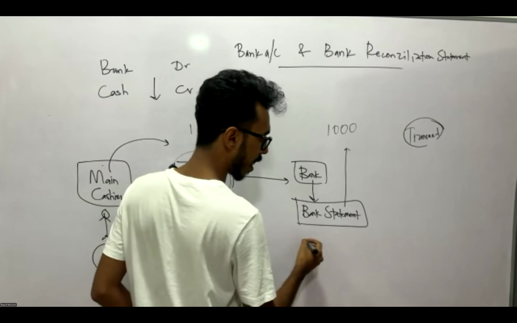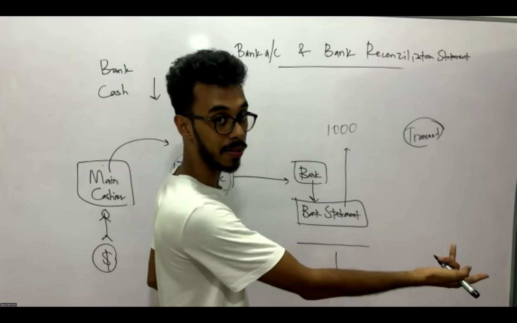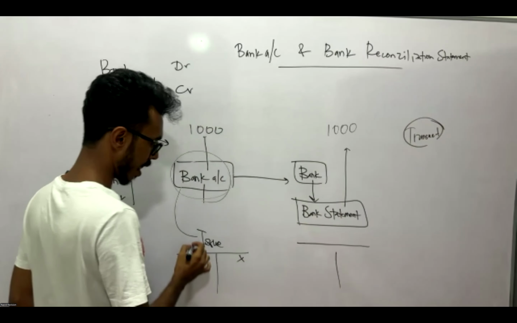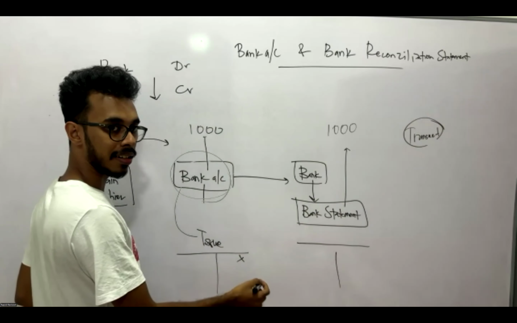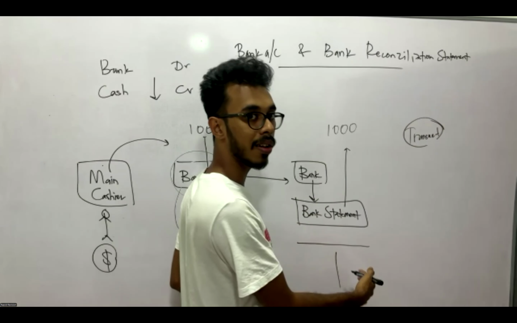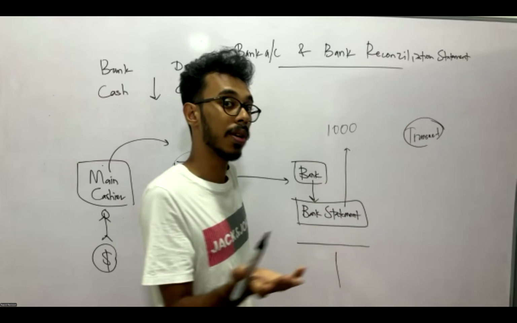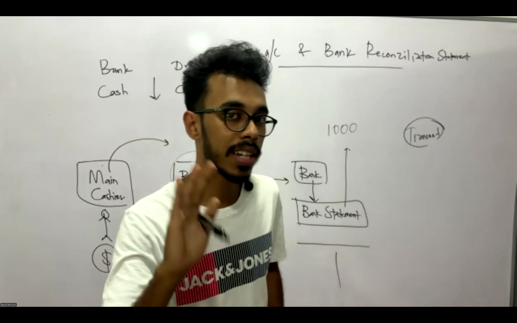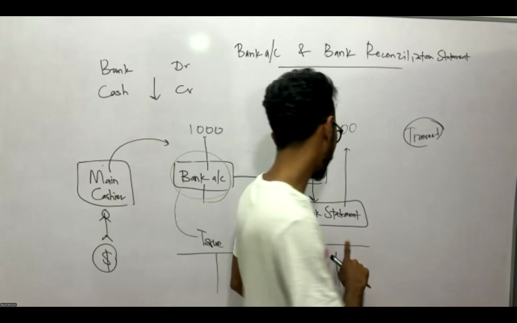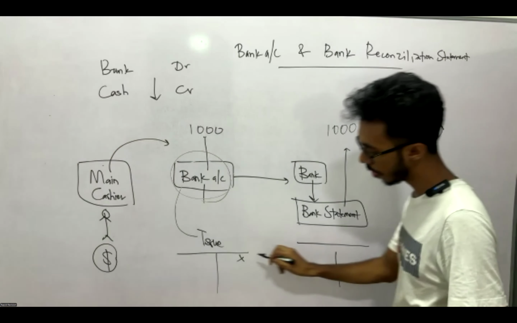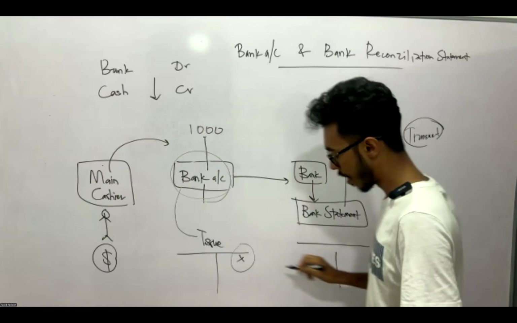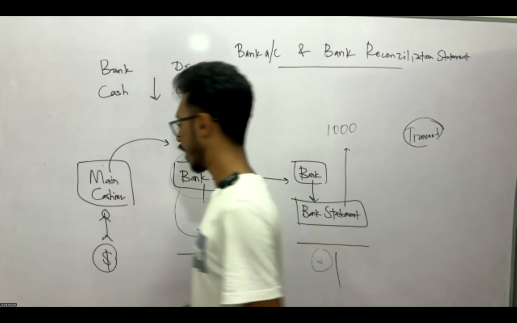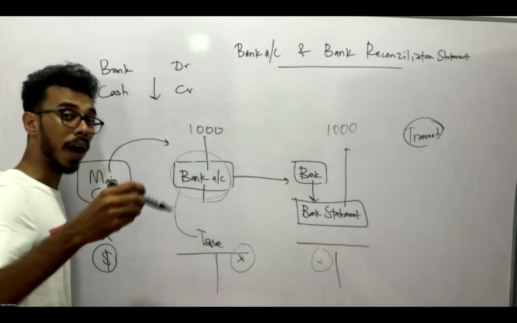In my bank account, I credit it, and the bank statement decreases. But due to some reason, you have not yet obtained the money. That means it never went to the bank statement. So this transaction is here, but that transaction is not there. It is missing. Things like this are what we deal with.